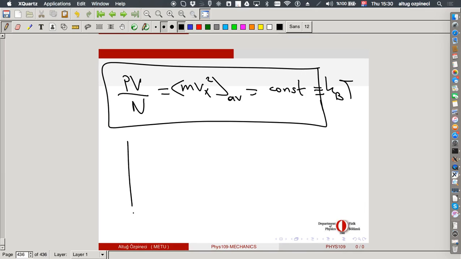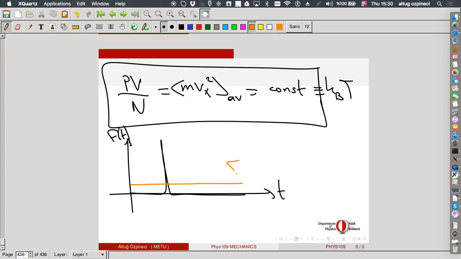Well, you see, the actual force of one particle as a function of time, as your friend points out, it's just colliding at a very short amount of time. So this will be the force as a function of time. But I can still represent this by some kind of an average force. The average force is this one. This is just the average.